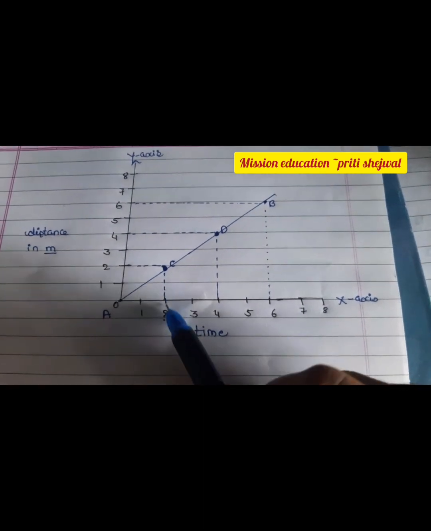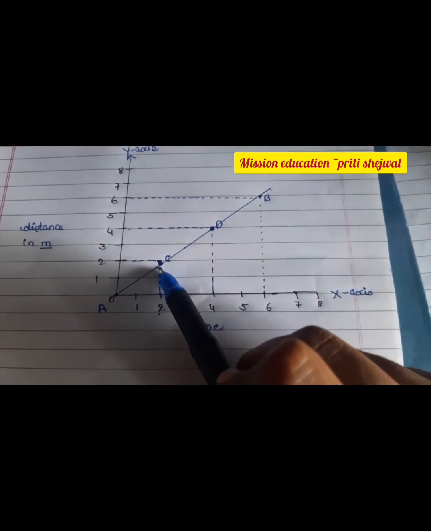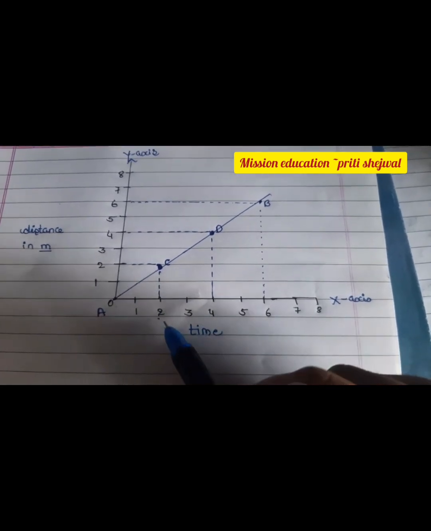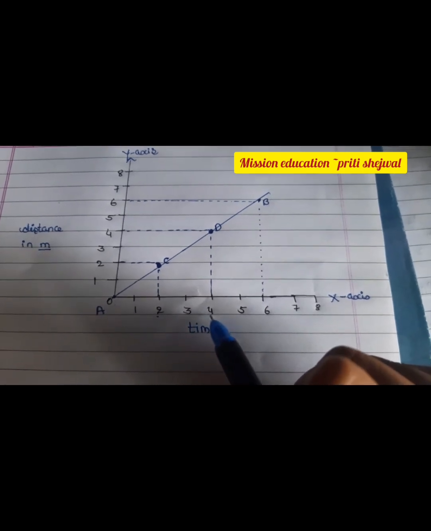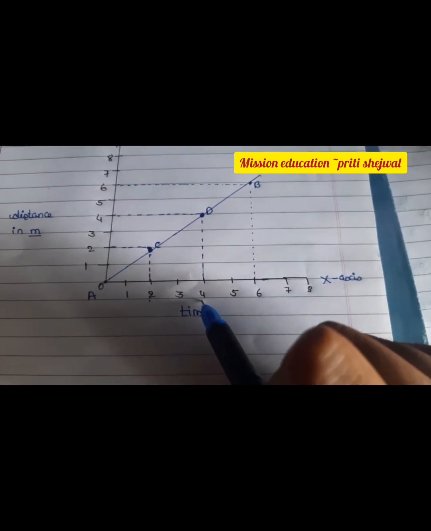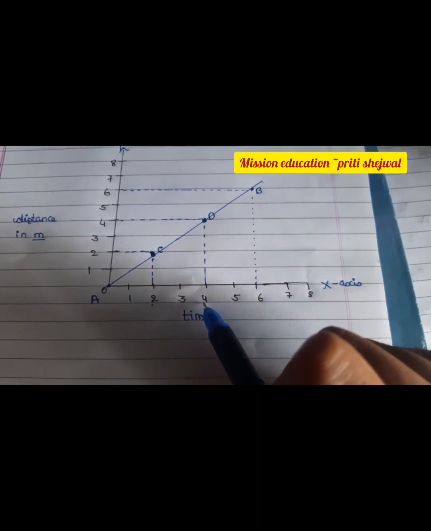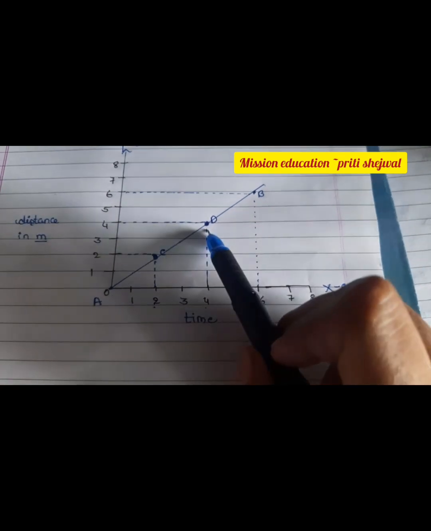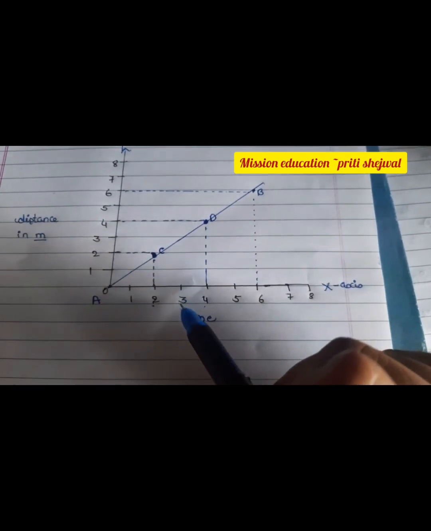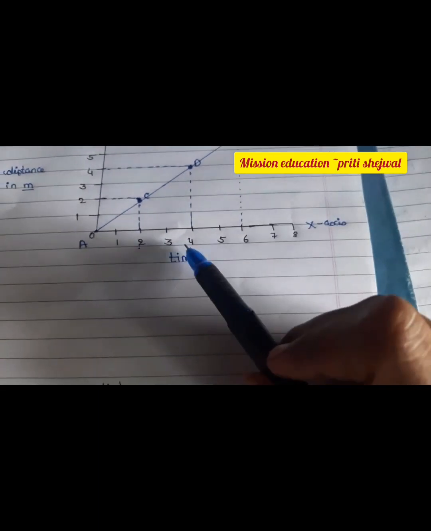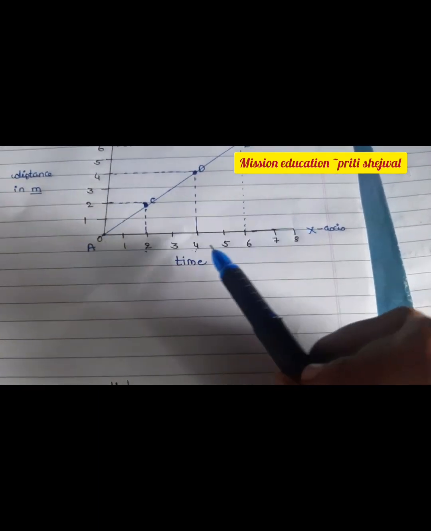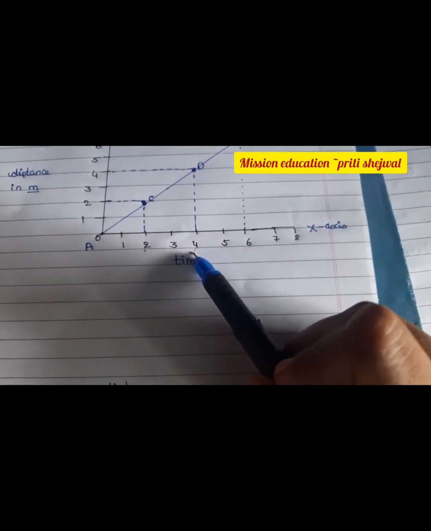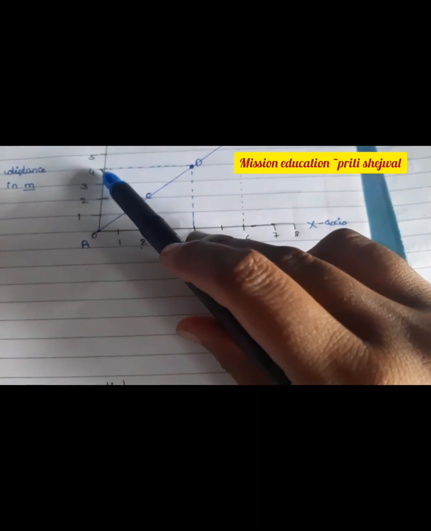Intersecting these 2 points, we get C. In the next 2 seconds, the car moves further, from C to D. Time taken is 2 seconds and the distance covered is 2 meter. So from C to D, what are you going to do? You are going to add. Here 2 plus 2 gives you 4. On the x-axis, the time taken by the car is 4 seconds, and the distance covered on the y-axis is also 4.